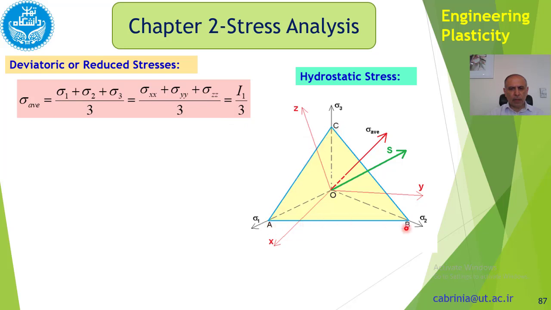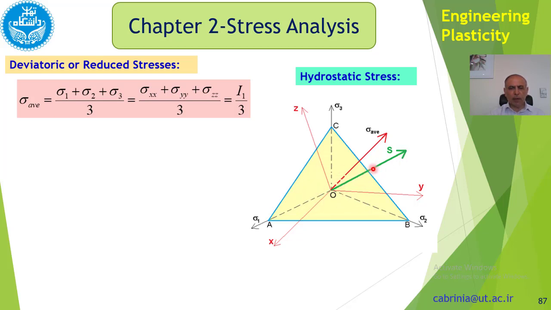If we consider again our doubly oblique plane, then this was the stress acting on this plane. And sigma average, the hydrostatic stress, the vector would be something like that, making equal angles to sigma 1, sigma 2, and sigma 3, while S does not make equal angles to these three axes.